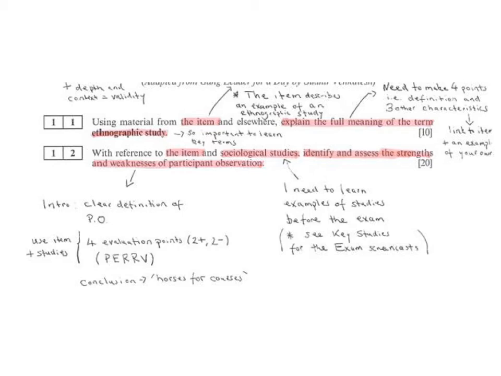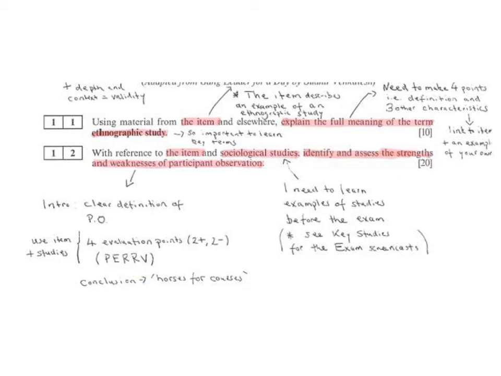So these are the criteria that I can use to help me identify and explain some evaluation points, some strengths and weaknesses of this particular method. And we can remember these key issues by writing down PERV. Okay, practical factors, ethical factors, representativeness, reliability and validity.